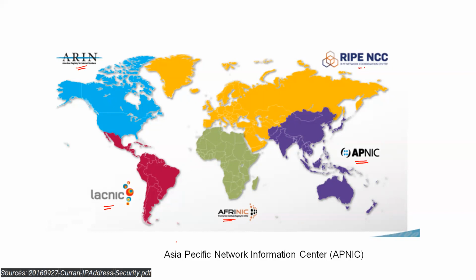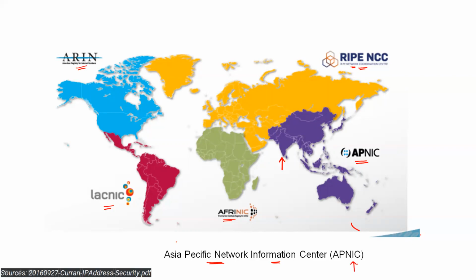Russia and the Middle East are covered by RIPE. We are here, and all the IP addresses we get are managed by the Asia Pacific Network Information Center. So now you have a proper answer, I guess. From where do you get an IP address? From ISPs. From where do they get it? From APNIC.